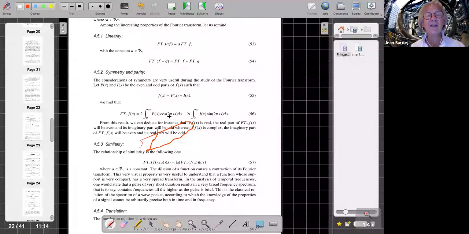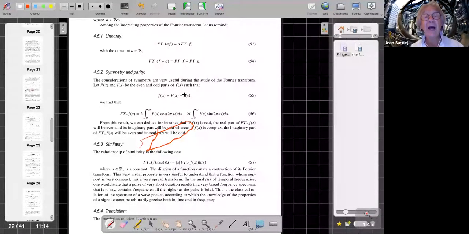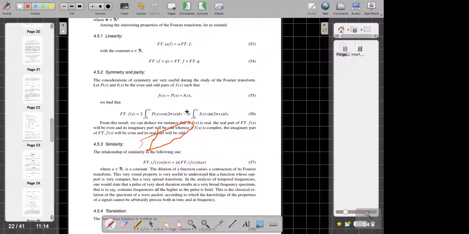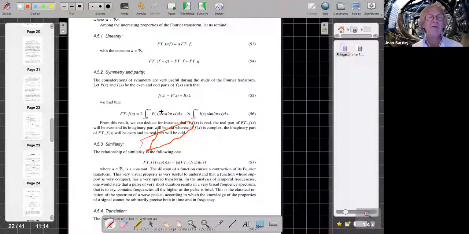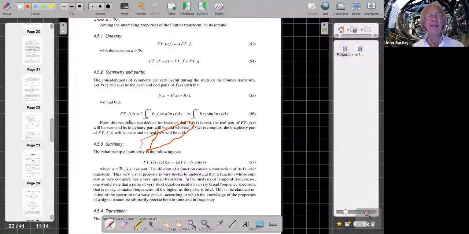Now, if f of x is just an even function, it means that I of x is equal to 0. But if I of x is equal to 0, this imaginary part doesn't exist. It's equal to 0. So what remains is this contribution, and you see that it depends on the variable s, but the cosine of minus s is equal to the cosine of s. So this is an even function as a function of s, and the Fourier transform is exactly the same.